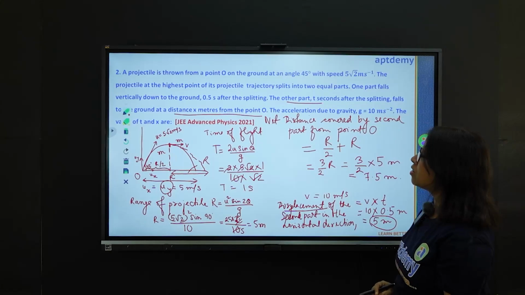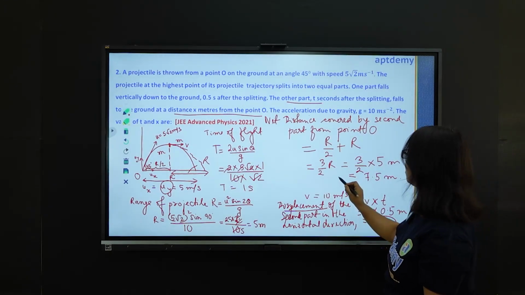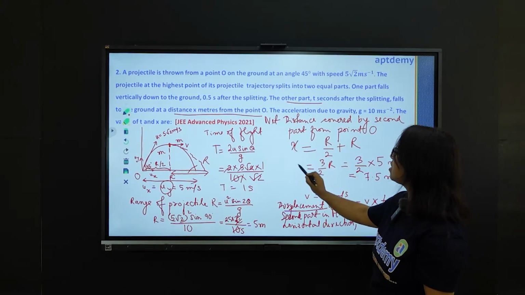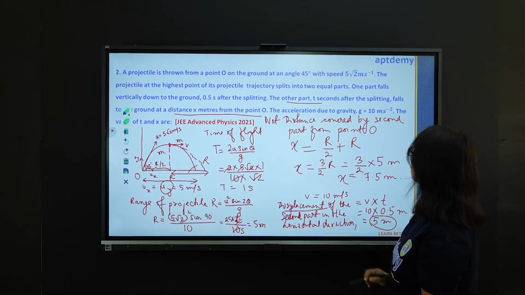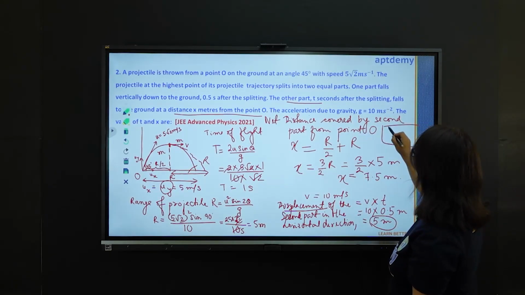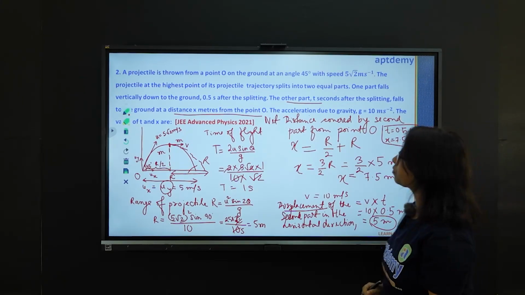So this distance is nothing but x that they were asking in the question. So we have the value of t as 0.5 seconds and the value of x as 7.5 meters.